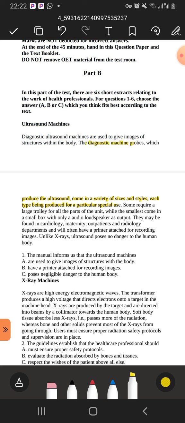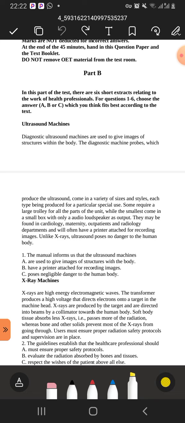Yeah, this is what I'm talking about. Diagnostic machine probes which produce the ultrasound come in variety of sizes and style, each type being produced for a particular special use. So the second one, let's summarize it. It's telling us about the machine probe, the diagnostic ultrasound machine probe.